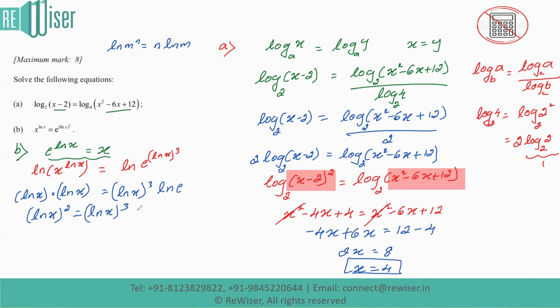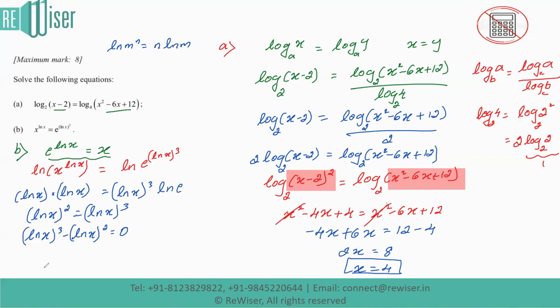From here, if I want to solve for x, I'll take this ln x whole square to the other side. So we will have ln x whole cube minus ln x whole square equals 0.